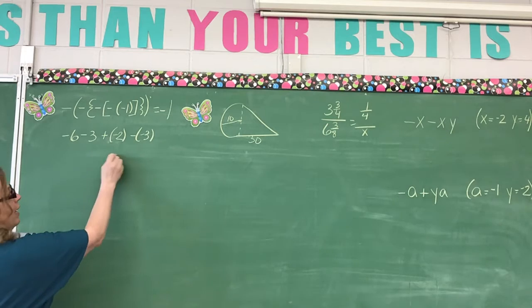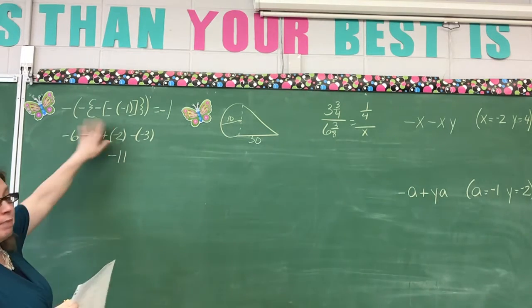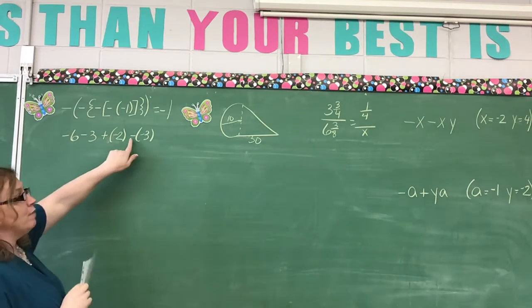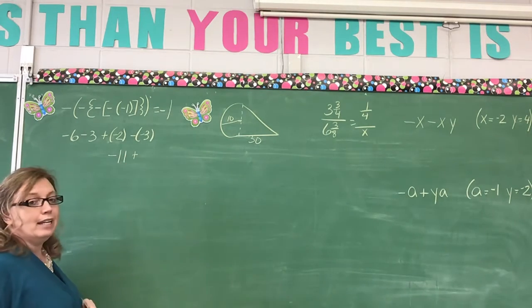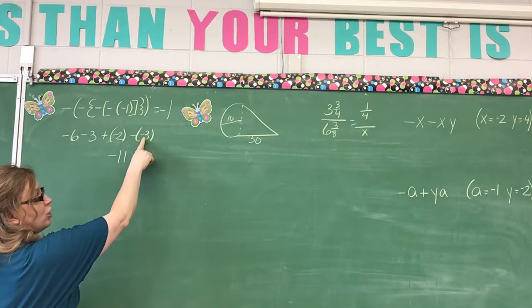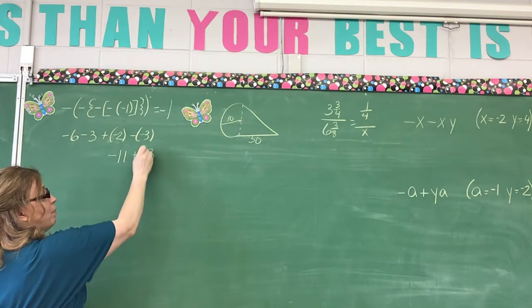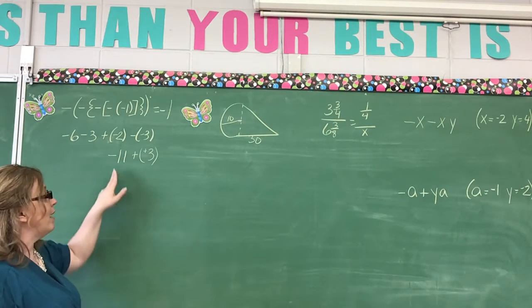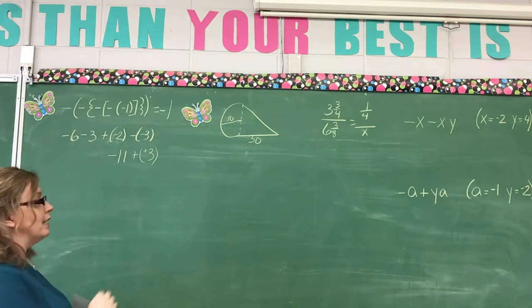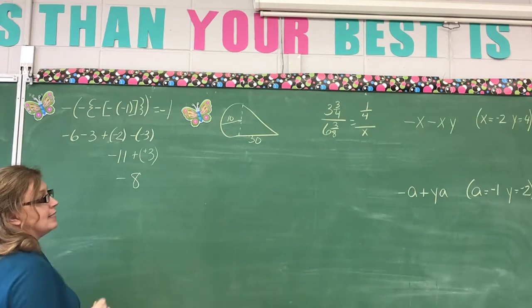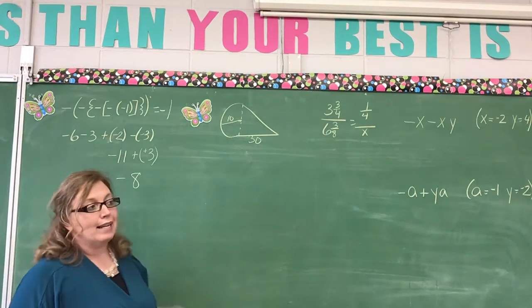I'm going to write here -11 because that's what the problem is up to this point. I have to change this subtraction sign to an addition sign. In order to do that, I have to change the negative here to a +3. So now I have -11 plus +3. My answer is -8.